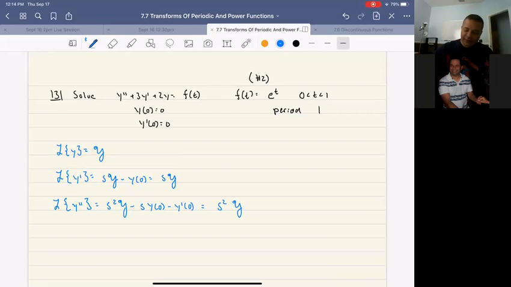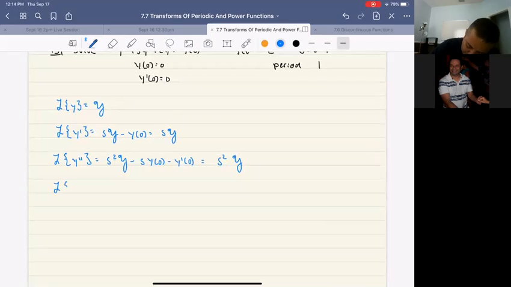Okay, and then L of f, this is from number 2, we got one over s minus 1 times 1 over 1 minus e to the negative s times 1 minus e to the negative (s minus 1).